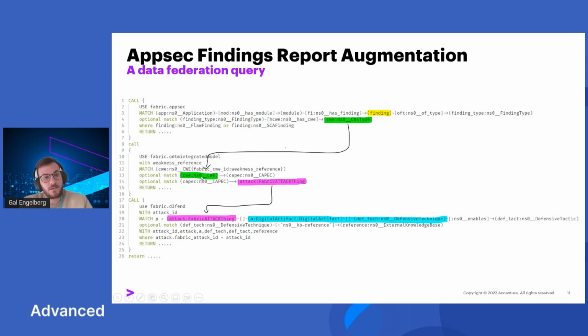We take the collected CWEs and we retrieve all of the related attack techniques. And then based on all of the related attack techniques, we go again to the fabric into the D3FEND database. And in that place, we take all of the attack techniques and we retrieve all of the related digital artifacts and defensive techniques. And then at the end, we return the augmented report.